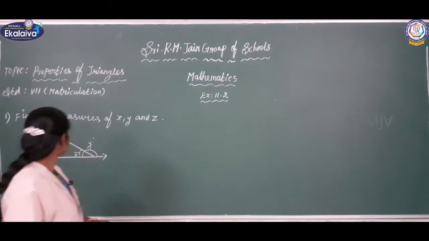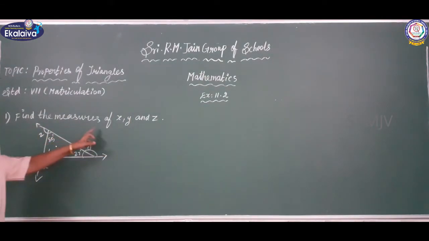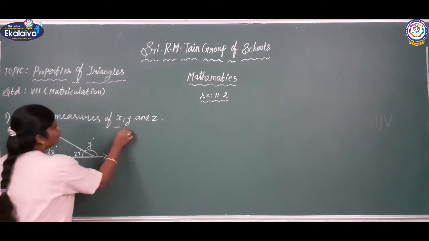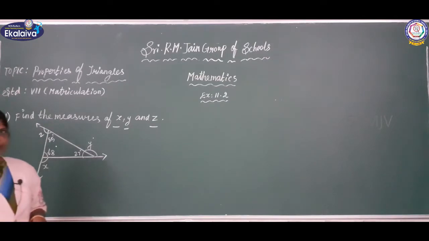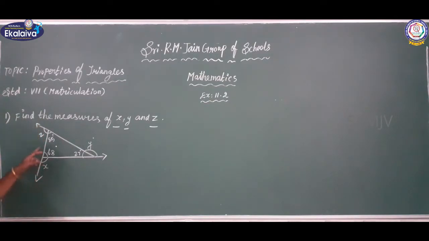The next one. Find the measures of x, y and z. We are going to find the values of x, y and z. Okay. Look at the diagram here. So here we are going to use the exterior angle property. See here, x is the exterior angle.